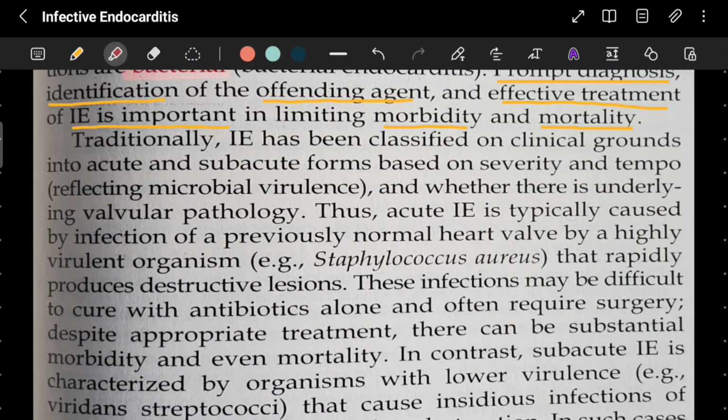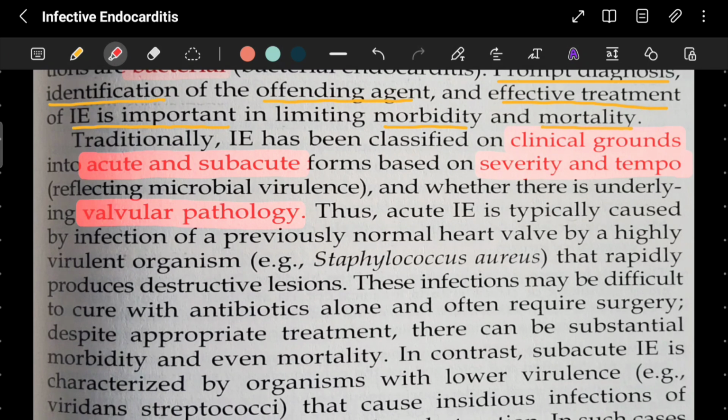Traditionally, infective endocarditis has been classified on clinical grounds into acute and subacute forms based on the severity and the tempo, that is reflective of microbial virulence, and whether there is underlying valvular pathology.